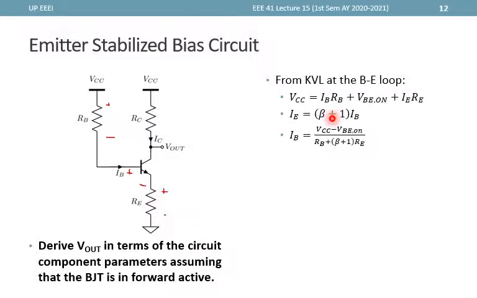Now, since IC is equal to beta IB, and we have the base current going in, collector current going in, and emitter current going out, then by KCL, IB plus IC is equal to IE. And so this beta IB is IC and 1 times IB is IB.